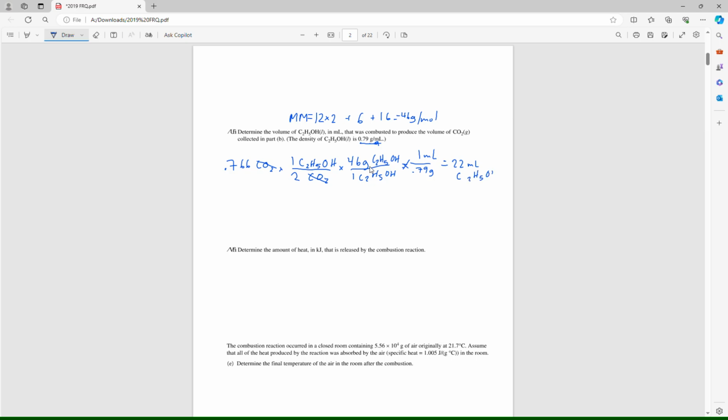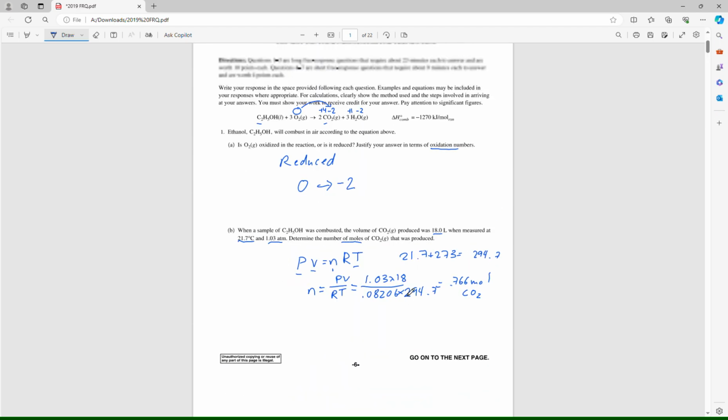Alright, let's go to C part 2. Determine the amount of heat in kilojoules that is released by the combustion reaction. So for this, when you are given amount of heat, you either want to be thinking Q equals MC delta T, or you want to be looking at Q equals delta H, enthalpy, times the moles of reactions.